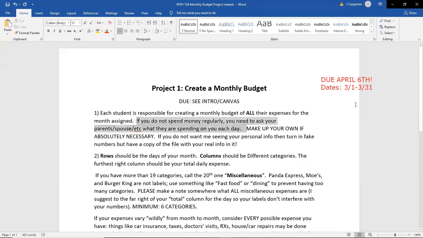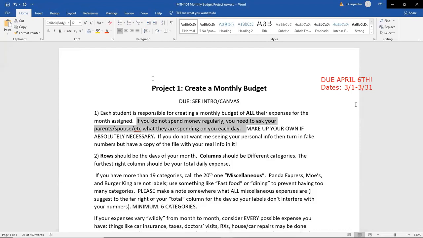Now, some parents or spouses or brothers or whatever might consider this to be nosy, and they don't want to tell you these numbers, and that's the lifestyle that they choose to live. I would love for all of us to be in a society where we can openly talk about our finances a little more, but I'm also not going to tell anybody what to actually do with their lives, as you already know. So, besides do your homework, that's what I will tell you.